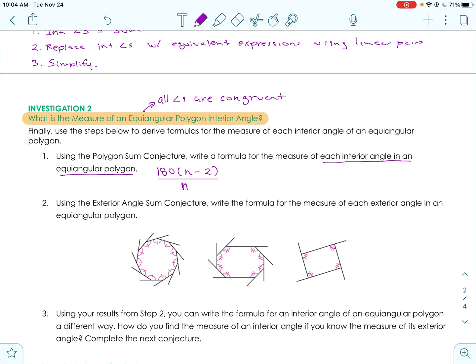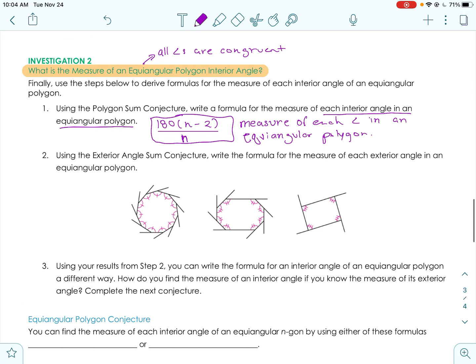So if you want to figure out how big each angle is in an equiangular polygon, you would need to use this equation. That is the measure of each angle in an equiangular polygon.